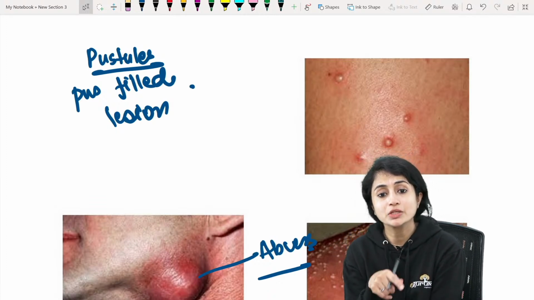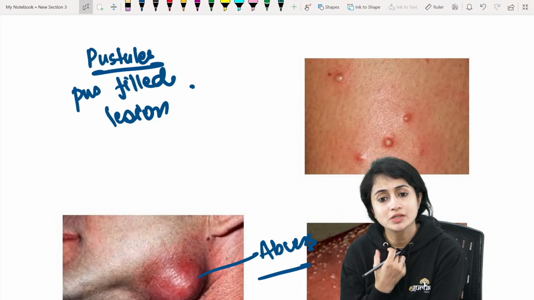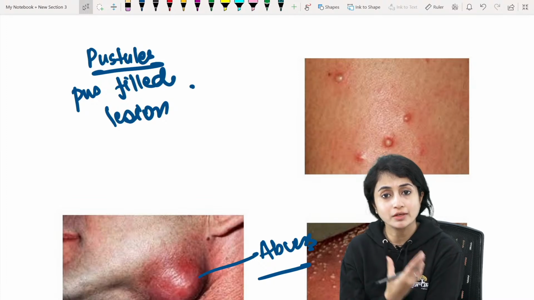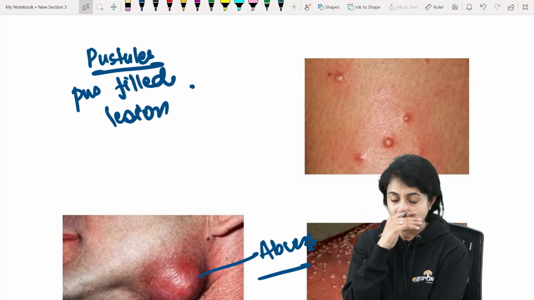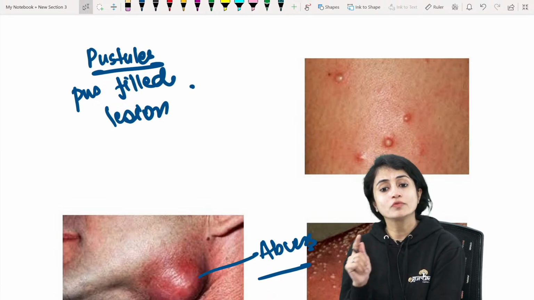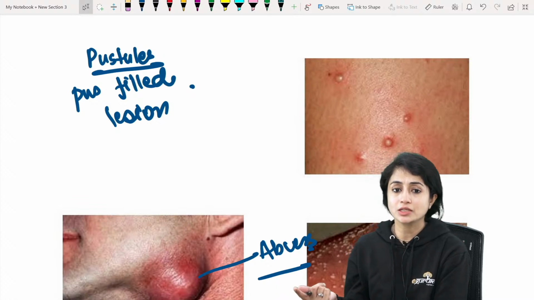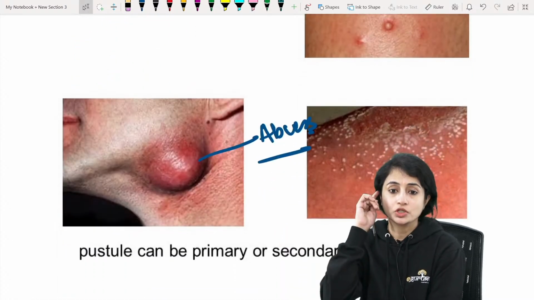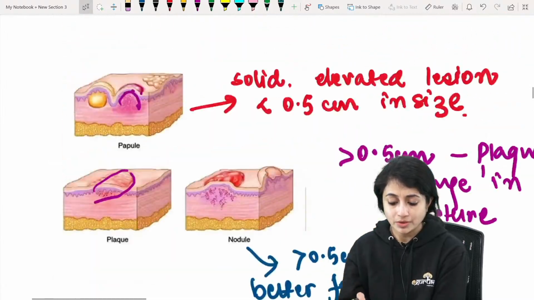Then my pustule becomes a secondary lesion. But sometimes you start with the formation of pustules, like in pustular psoriasis. There my pustule is my primary skin lesion. So this has been asked once: which skin lesion can act as both primary and secondary skin lesion? It is a pustule. Right? So these are all my primary skin lesions.